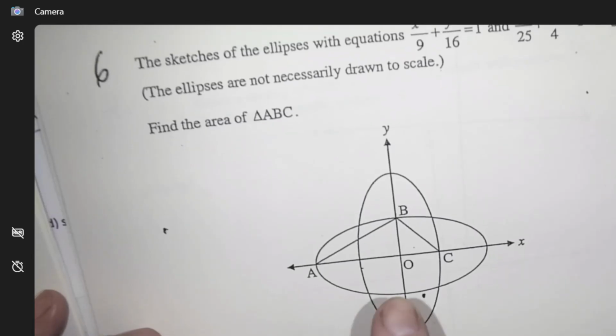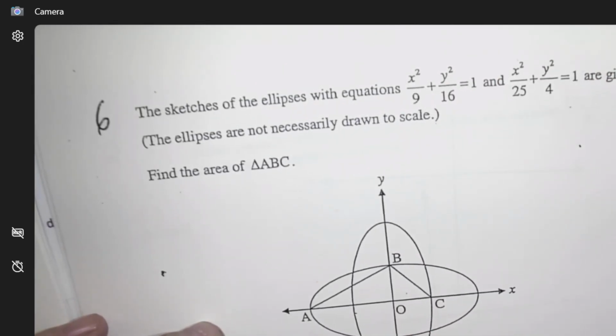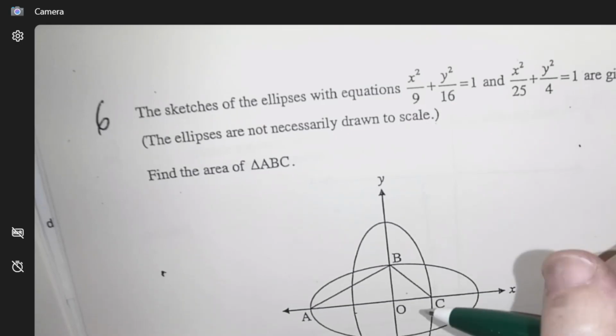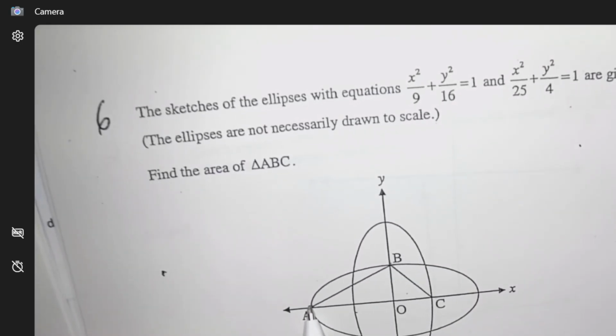I gave you a circle or 2 ellipses, and then you had to get the area of this triangle or something like that. So really you're just trying to find the coordinates. As long as you have these coordinates, you can figure out the length of each side of the triangle, right? So that's a problem solving question, so that's what kinds of things you can anticipate at the end of the test.